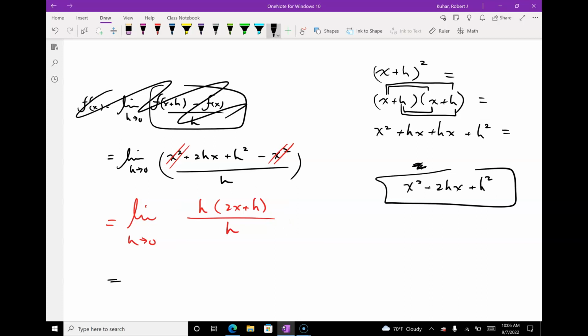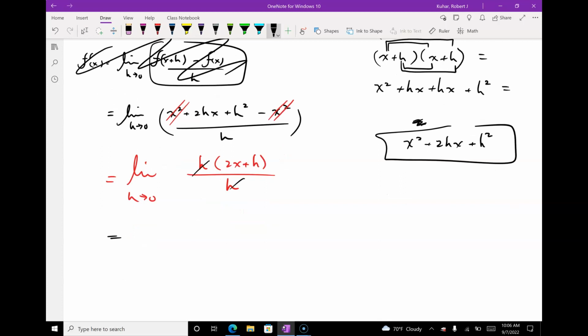So we can do that little star thing or whatever you want. But now the h's cancel, so I'm looking at f prime of x is the limit as h goes to 0 of 2x plus h. I'm ready. I'm at the wall. So what am I going to put in? H is 0. And there it is, 2x.